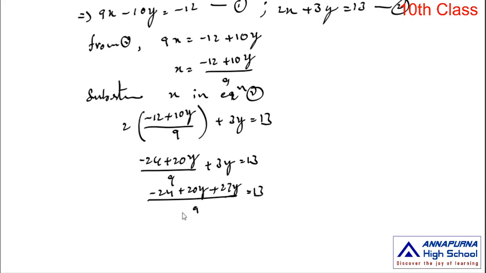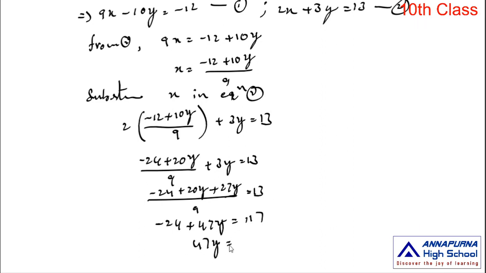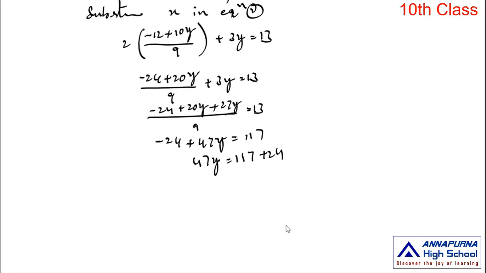When you transpose this 9 to the right side, minus 24 plus 20y plus 27y, which is 47y, is equal to 9 into 13, 117. When you transpose this minus 24 to the right side, 47y is equal to 117 plus 24, which is equal to 141.